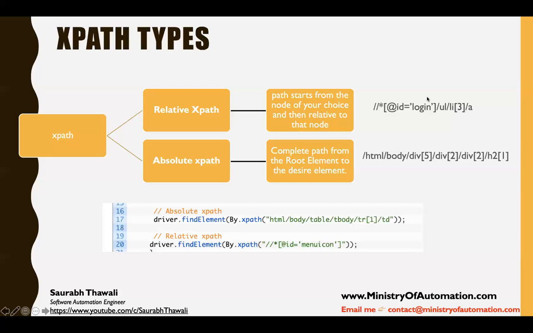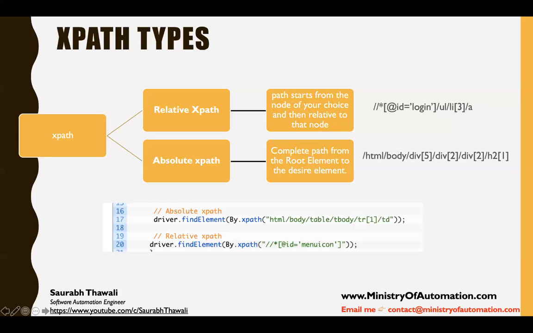So basically I'm going relative to this node, or relative to this particular element. I'm saying to WebDriver, hey WebDriver, can you first identify this element, and then once you identify this element, just go a couple of steps ahead, go to its next child, go to its next child, and go to its next child, something like that. So this type of XPath is your relative XPath.